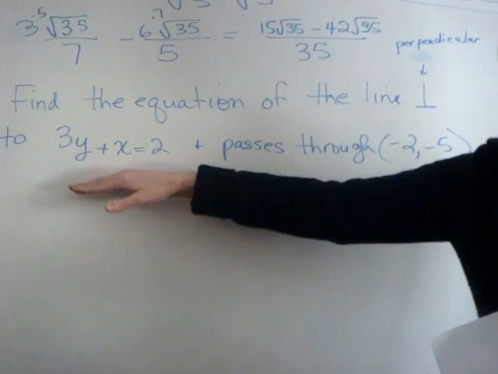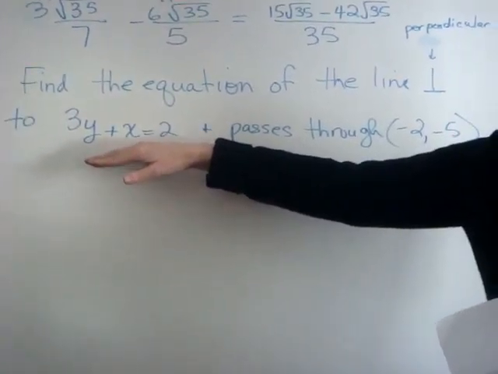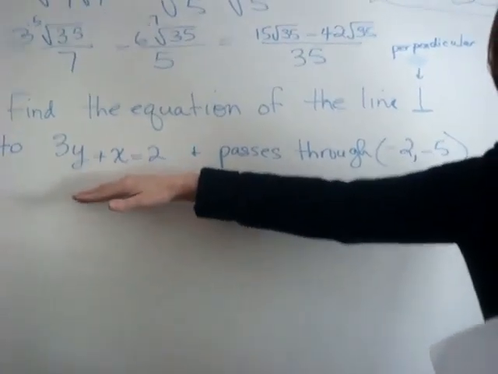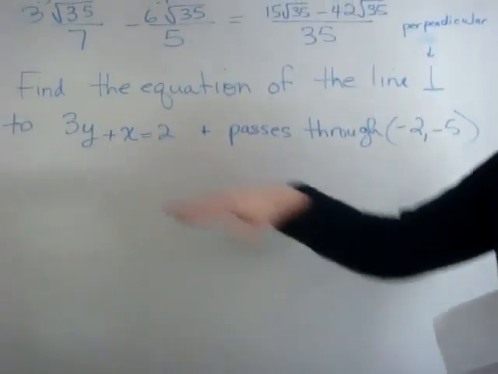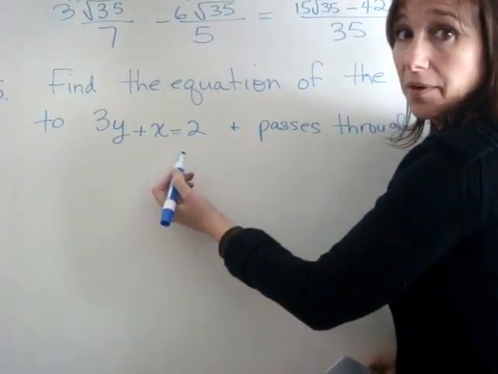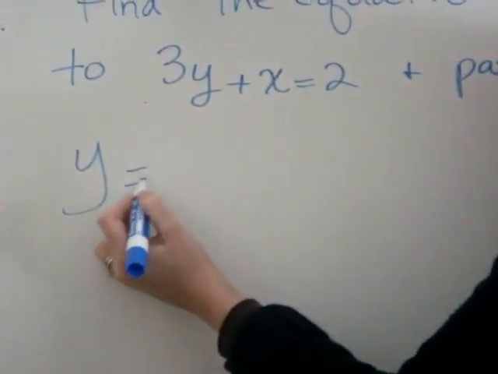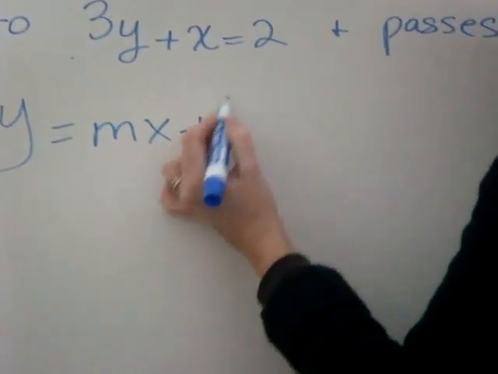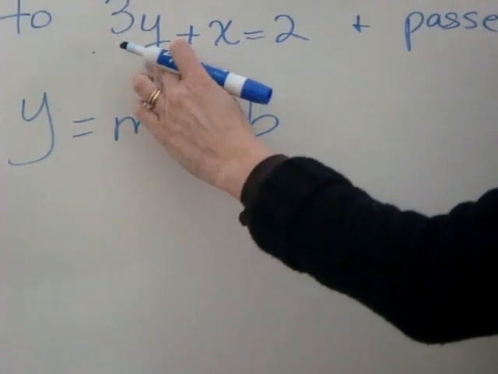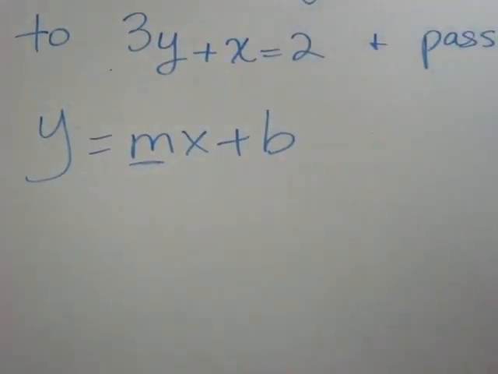If the line's perpendicular to this line, its slope is the negative reciprocal of this line. First thing you have to do is take the line that they give you and find the slope. In order to find the slope, you need to put it in the form y equals mx plus b. So I'm going to get y by itself, and the number in front of the x is the slope.